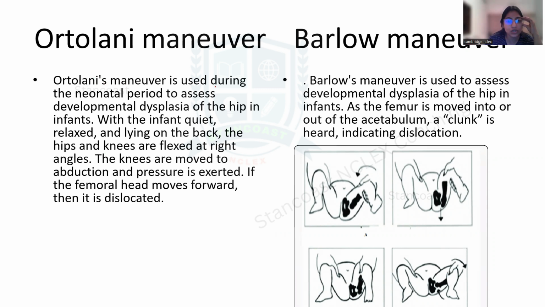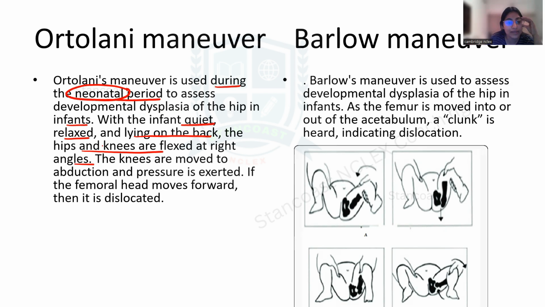So Ortolani's maneuver is used during the neonatal period, in neonates and infants, to assess developmental dysplasia of the hip. With the infant quiet, relaxed, and lying on the back, the hips and knees are flexed at right angles. So in this maneuver, we make the infant lie in supine position quietly.